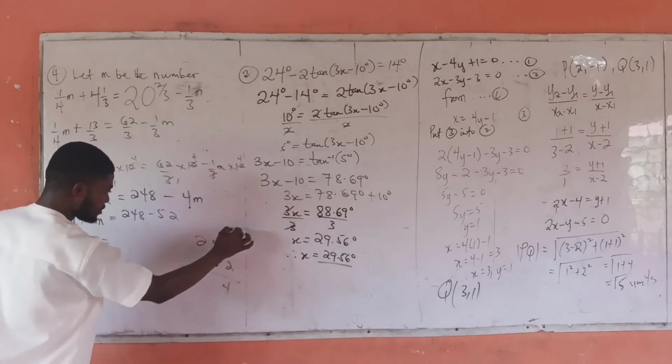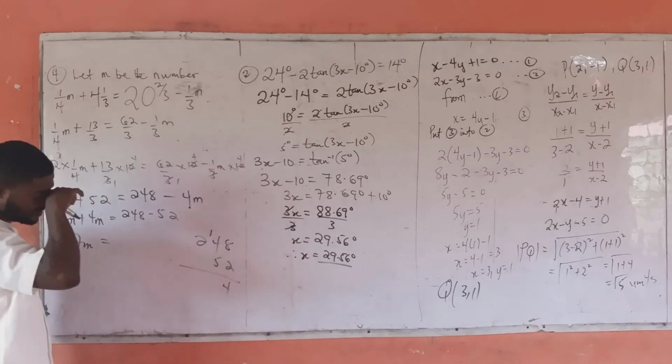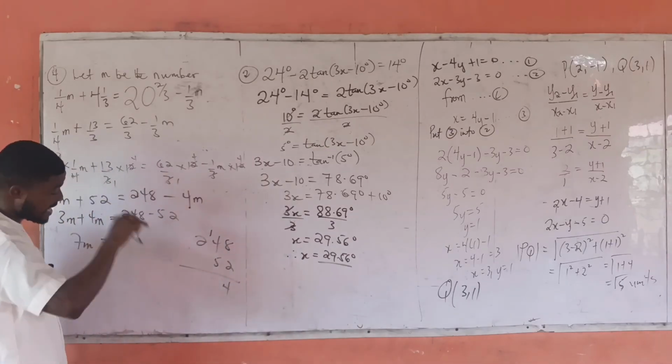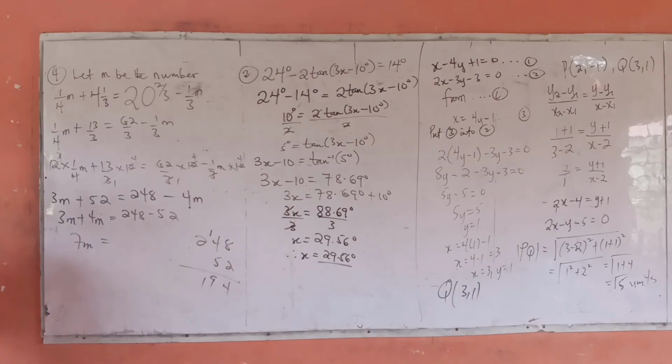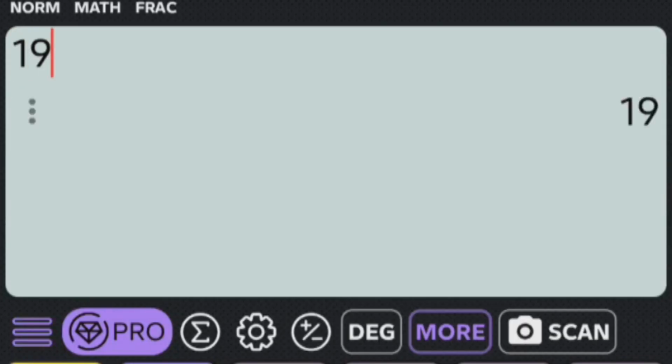for 14 minus this. That should be 9. So 194. Now we check how many times 7 goes into 194.